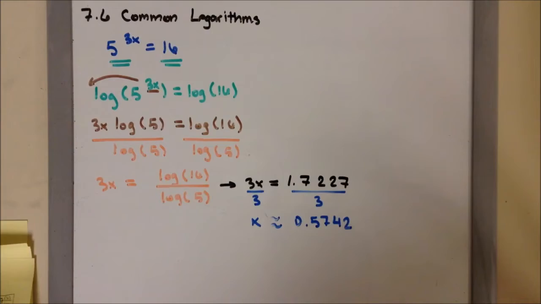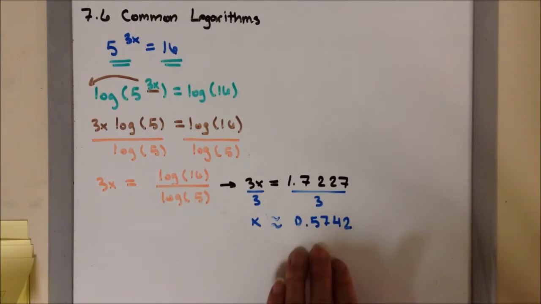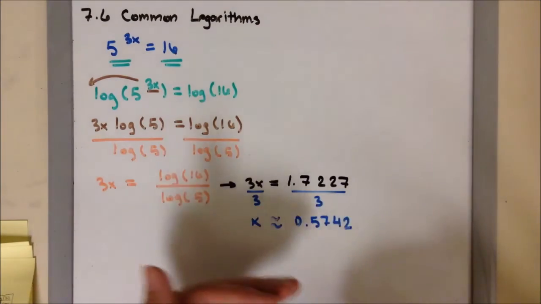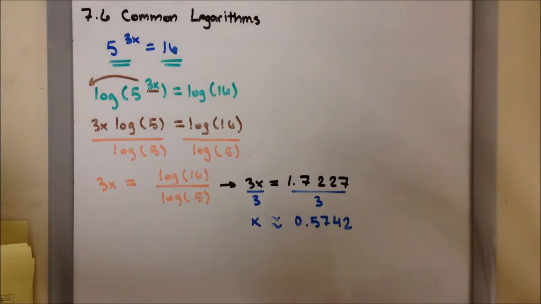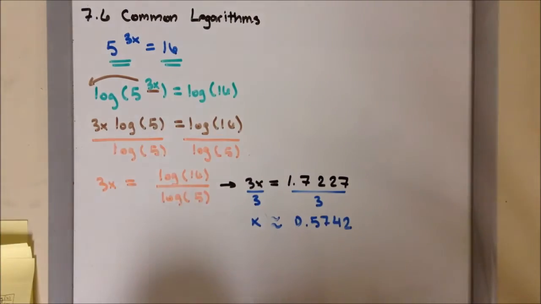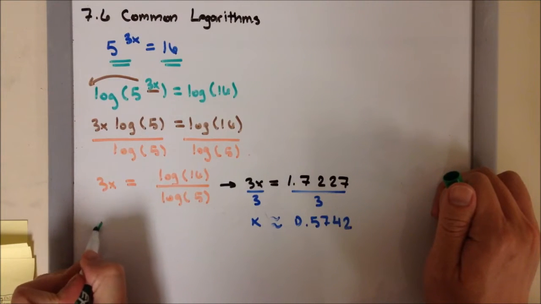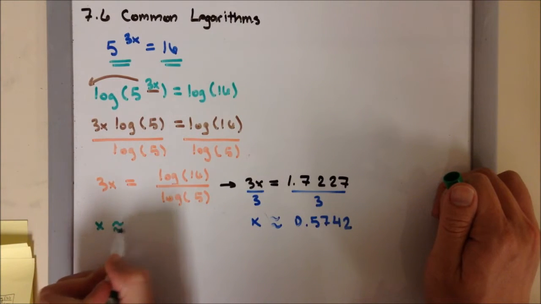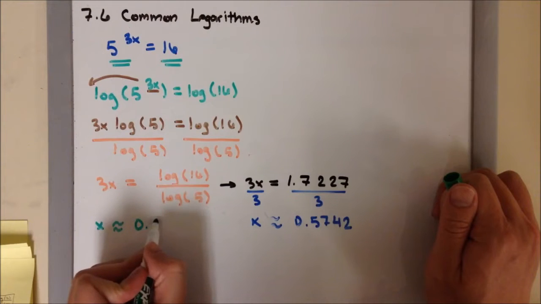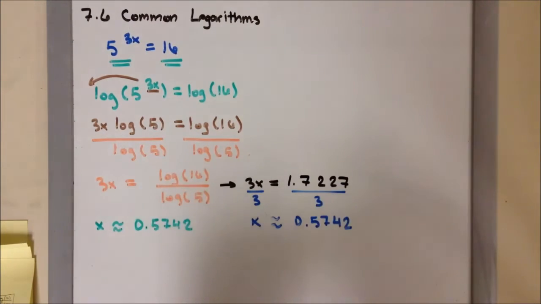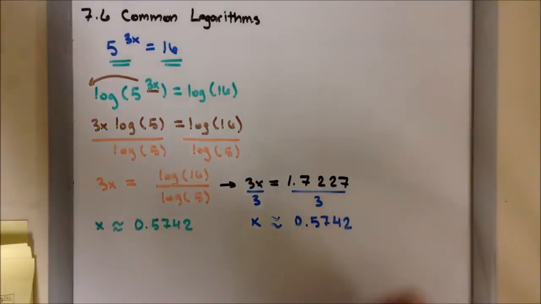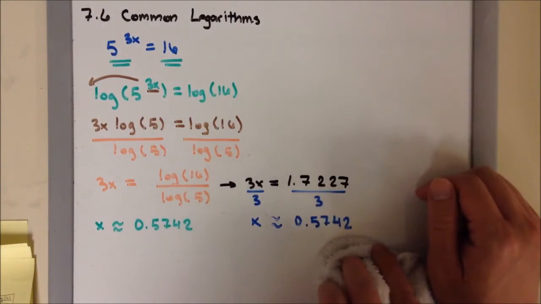Now, to check if it's the correct answer, we're going to see what we get when we plug it back in. So I'm going to write on the side here, x is approximately 0.5742. I'm going to erase this to make room.